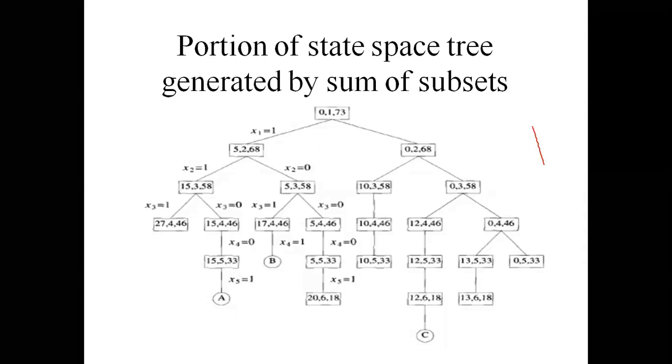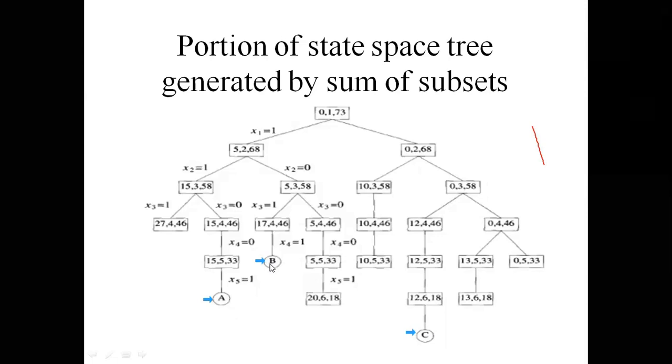You can see the circular nodes in the figure: A, B, and C. These three are circular nodes. These reach our goal, our success, that means the value should be 30 here. That is why A, B, and C are the goal nodes, the successful paths.